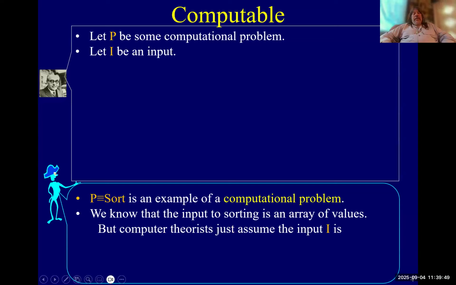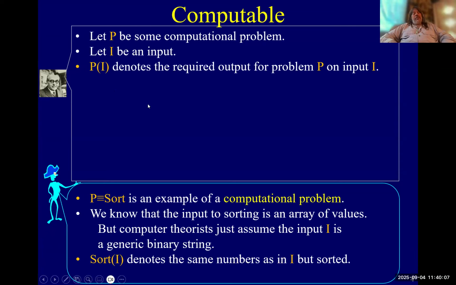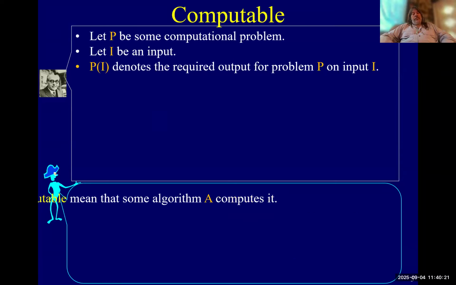In computer science, we assume that the input is just some arbitrary binary string. P of I tells you the required output. For sorting, the required output is the same list of numbers, but in sorted order. So this is just some notation so we can describe computation.